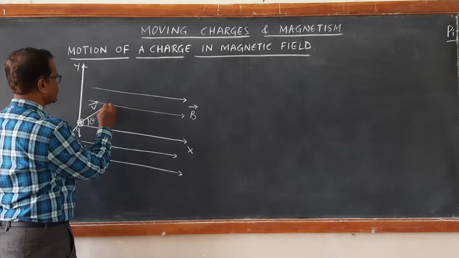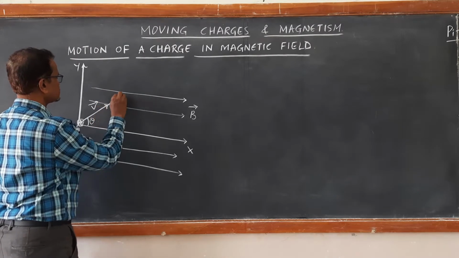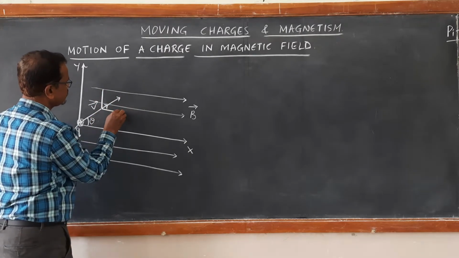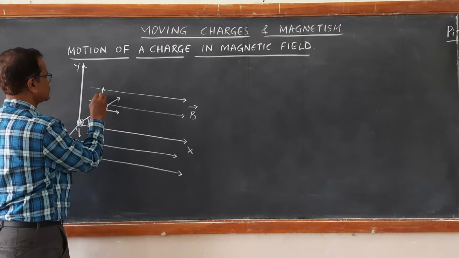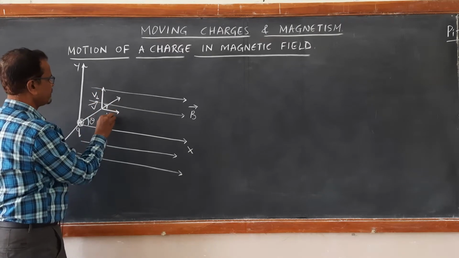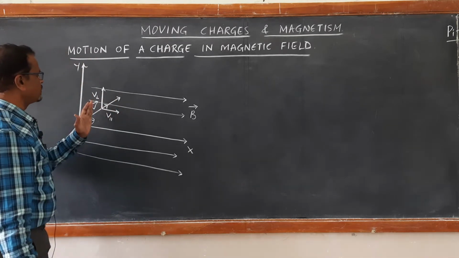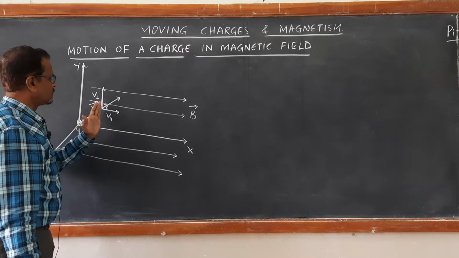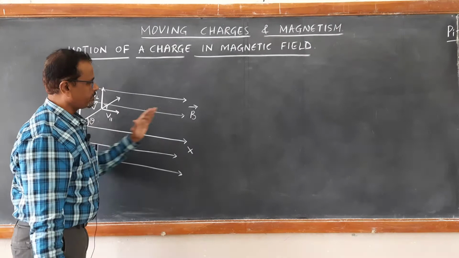Then we can resolve this velocity vector into two components. Suppose this is the velocity vector, then one will be the perpendicular component, v perpendicular, and another one the parallel component. The parallel component of the velocity vector is along the magnetic field, so it is not affected, because it makes an angle theta equal to 0 with respect to the magnetic field.